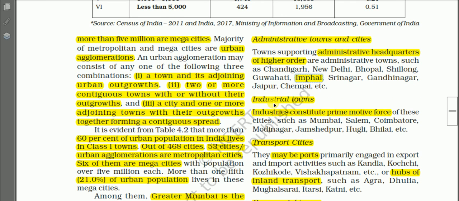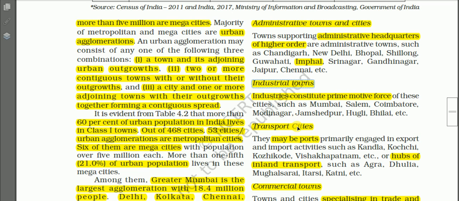Next, we have industrial towns. Industries constitute the prime motive force for this type of town. Here in the industrial towns you will find clusters of industries. We have examples of industrial towns like Mumbai.